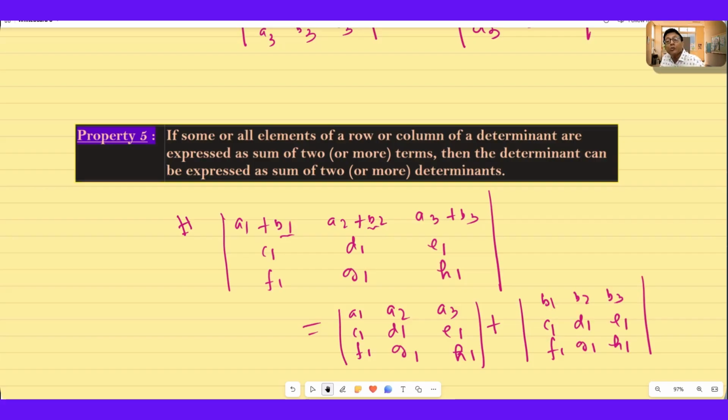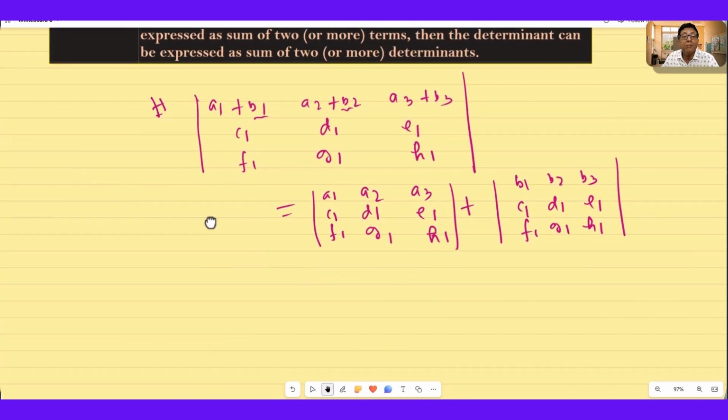Okay, this is true for columns also. Okay, so whether it is given in row or column, it doesn't matter. You can expand it as the sum of two determinants.